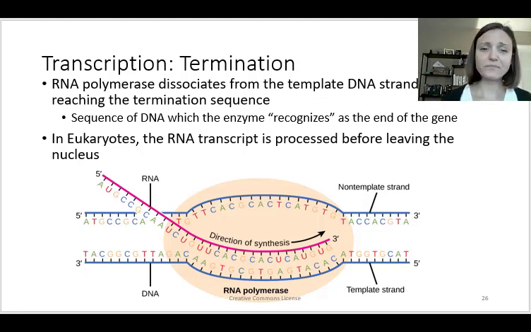Okay. So in eukaryotes, again, this is all still happening in the nucleus. And eukaryotes have this extra step that we don't see in prokaryotes. Once RNA polymerase makes that RNA transcript, that single-stranded copy of DNA, eukaryotes are going to go through a process called RNA processing or RNA editing.